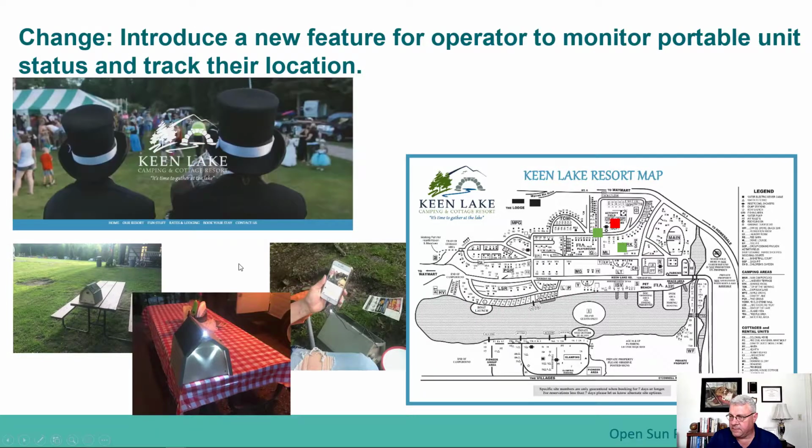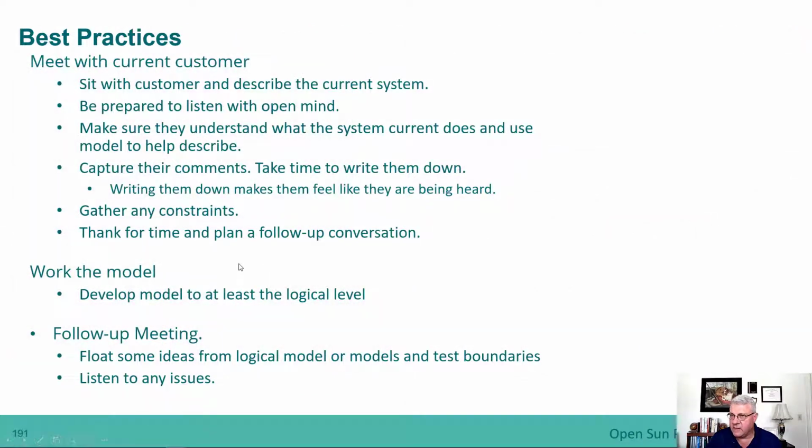So moving on to the next slide here. One of the things that you want to do when you are meeting with a customer, especially if you're working with any type of system, is this: in this case, I actually brought the finished design with me, but I sat with the customer and described the current system.